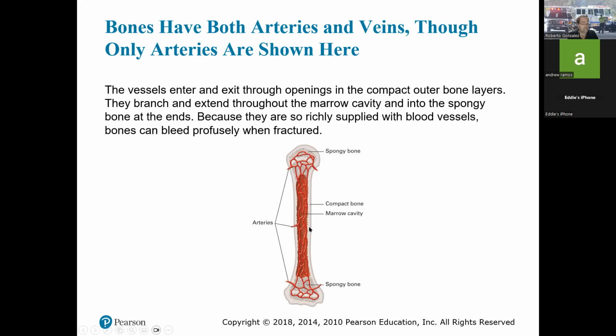Now, long bones and flat bones are actually one of the main producers of blood. This happens through a process called erythropoiesis, whereby a chemical called erythropoietin is released by the kidneys themselves. And why the kidneys? Why are the kidneys involved with blood production? Our kidneys filter blood.